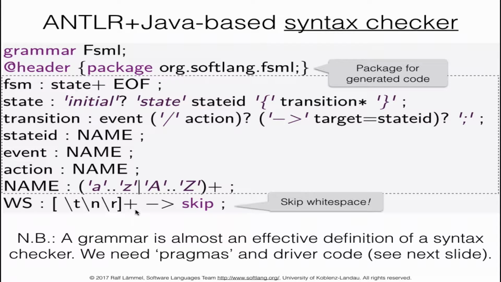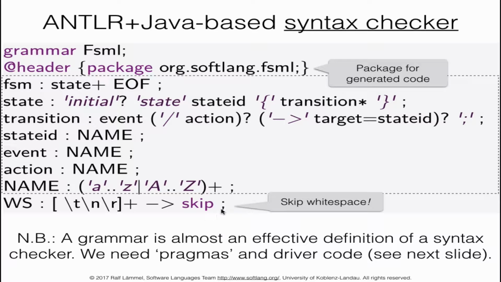So basically we regulate what sort of characters may occur between all these things up here, between the keywords and state IDs and all these syntactic structures here. That is, there can be spaces, tabs, new lines in many of them.